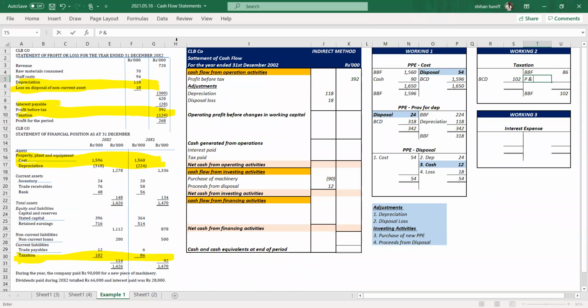And the difference will be the cash payment. Cash account credit, taxation account debit. So you calculate how much is tax paid. How much is tax paid?